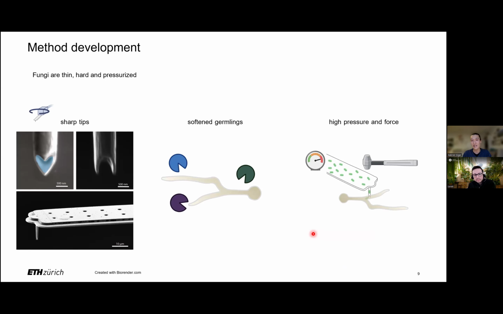We use some enzymes to soften the fungal cell wall a little bit. That also makes them swell and have a little bit more volume to it. And then we had to tweak the maximum forces and the maximum pressure that we can apply to overcome this hard cell wall and the high internal pressure of the fungi.